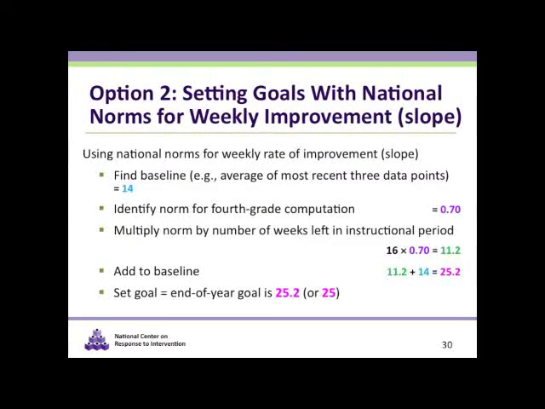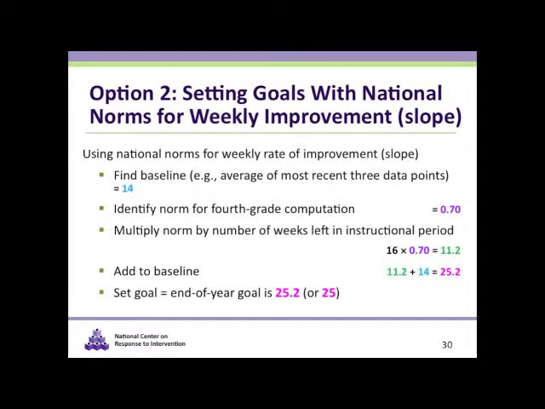For example, a fourth grade student's average score from his most recent 3 CBM computation probes is 14. The norm for fourth grade students is 0.70. To set an ambitious goal for this student, multiply the weekly rate of growth, the norm, by the number of weeks left until the end of the instructional period.